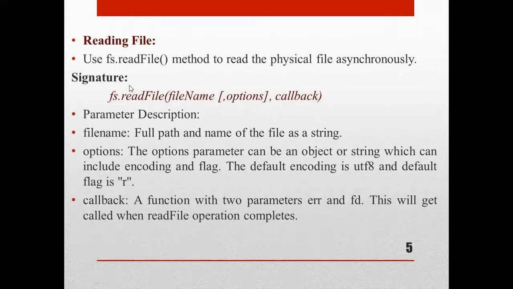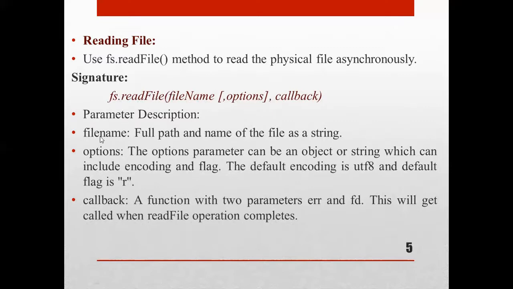Here, fs object dot readFile, with capital F, is the method from that fs module. Inside the brackets: file name, then options, that means the mode in which we want to open or read that file, then callback. These are the parameters.